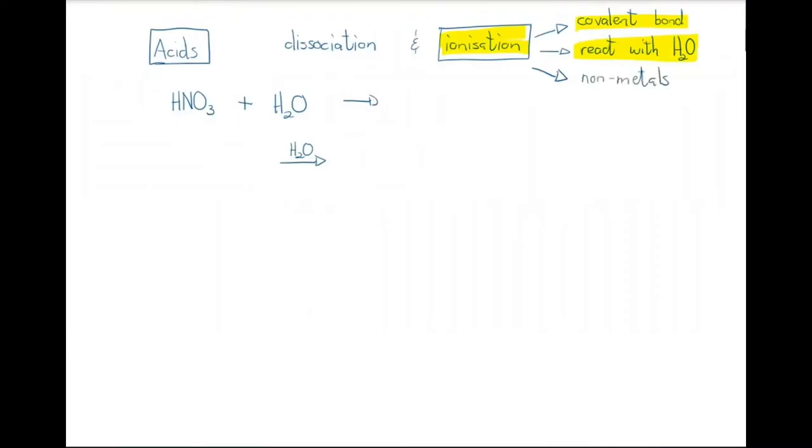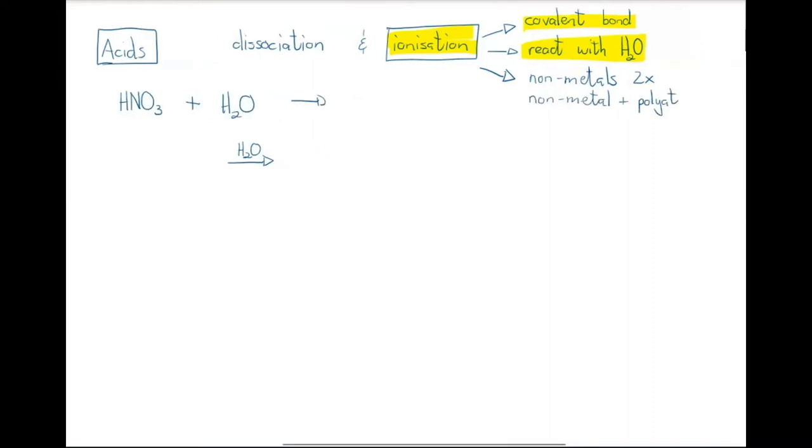That's how we were taught when we did intramolecular bonds, if you've done that before. So we're used to saying two nonmetals, but it could also be a nonmetal attached to a polyatomic ion. Let me just spell polyatomic ion correctly.